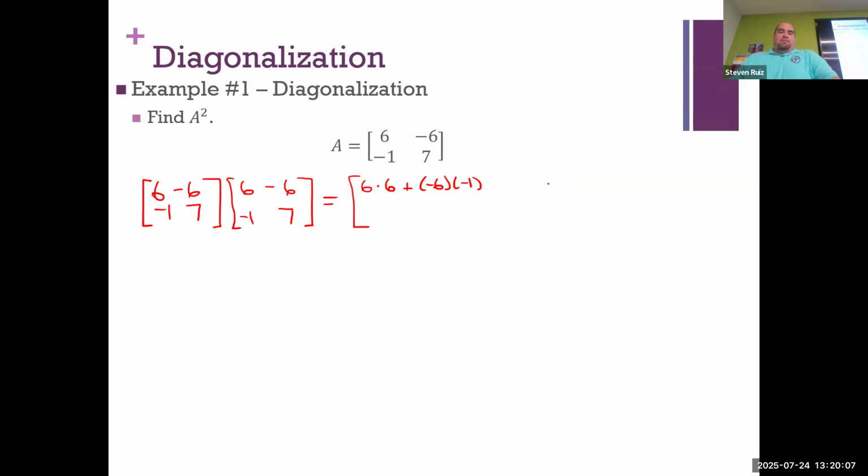So row 1, column 2 should be negative 36 minus 42, minus 78. And then negative 6 minus 7, minus 13. And then 6 plus 49.